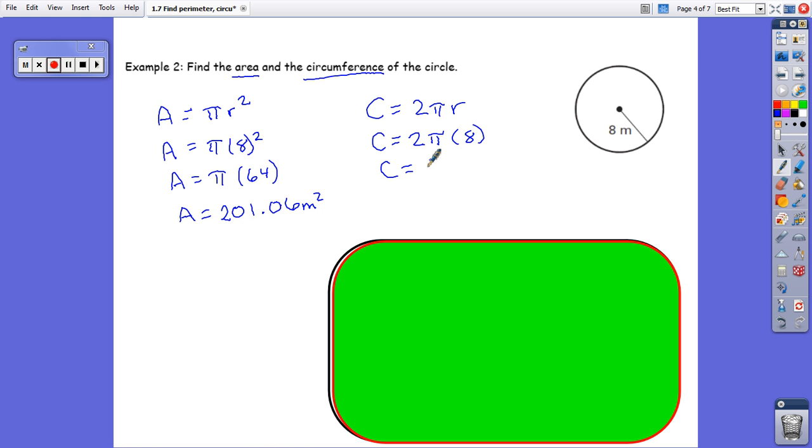And I'm going to write 2 times 8 is 16 pi. And now I'm going to multiply that. 16 times pi is 50.27 meters. If you're still writing down those answers, go ahead and pause the video. Otherwise, we'll go ahead.